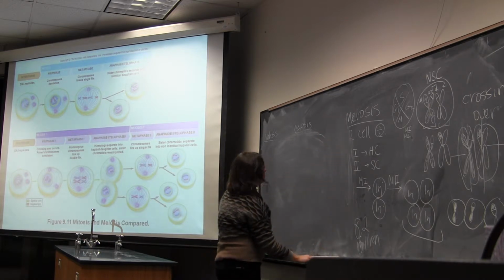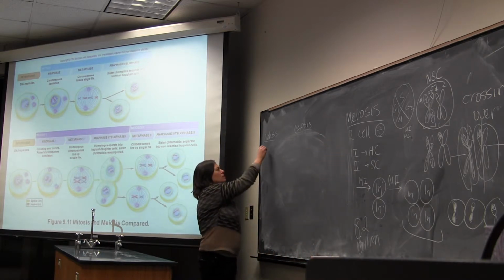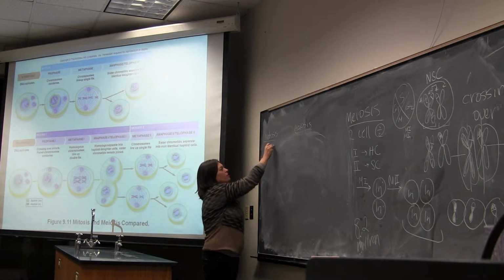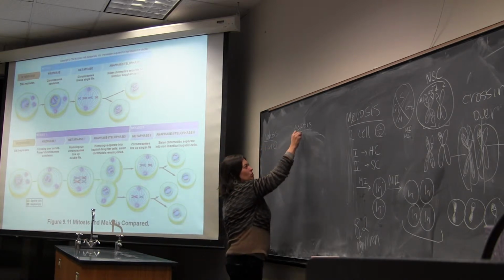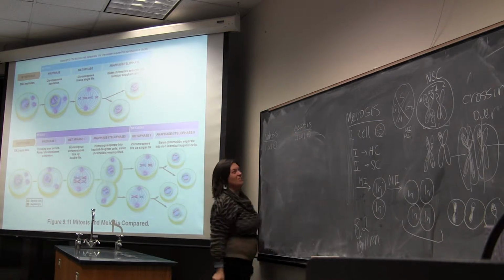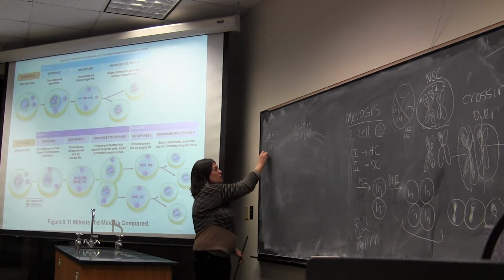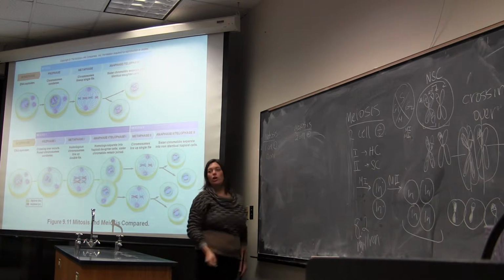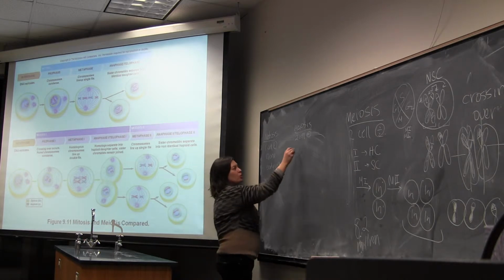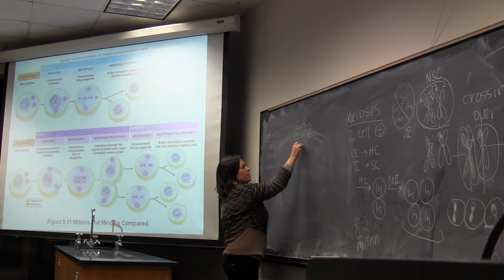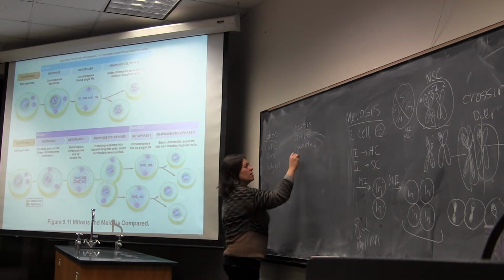All right. So mitosis, 1 cell division. Meiosis, 2 cell divisions. Mitosis, you're making a clone of a body cell. In meiosis, you're making unique gametes that are not going to be clones of one another.